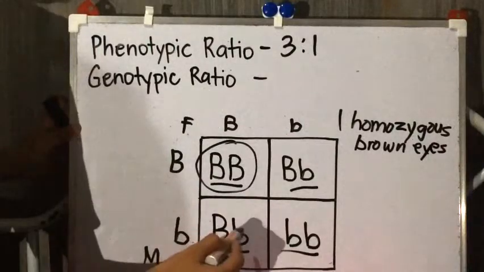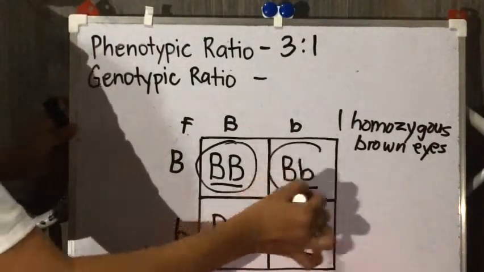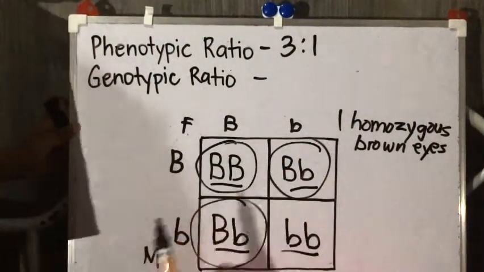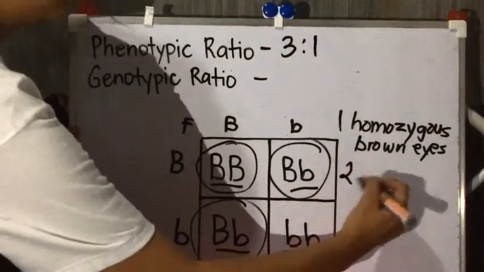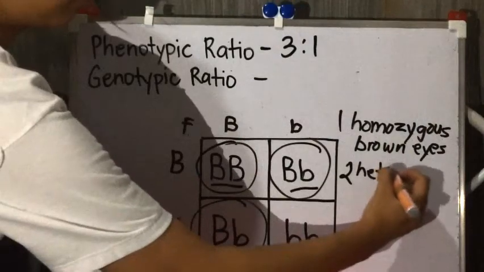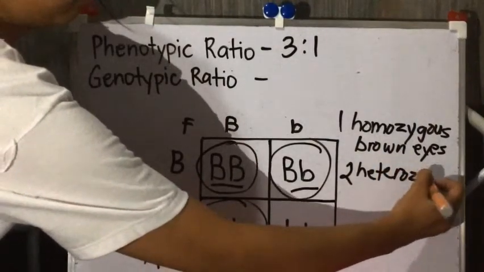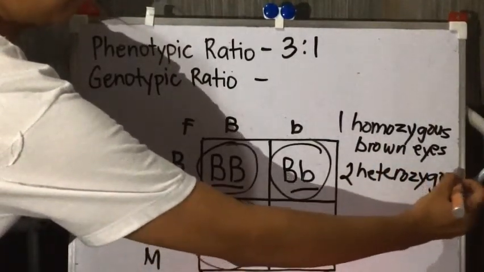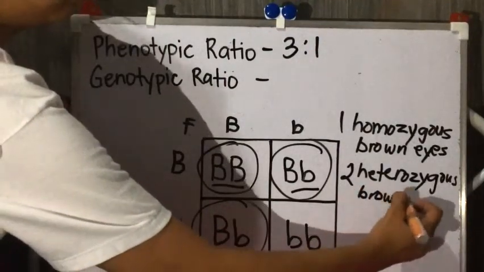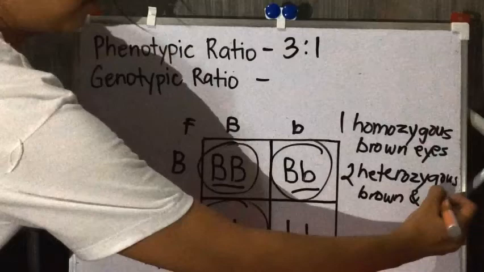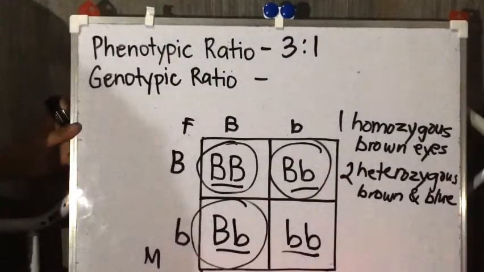Next, for the second quadrant and the third quadrant, they are both heterozygous. So, we have 2 heterozygous for brown and blue eyes.